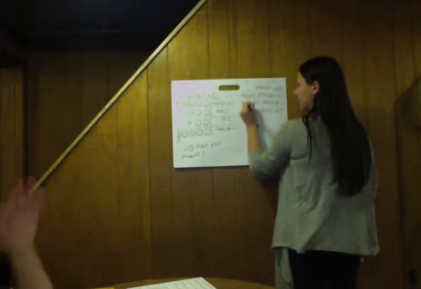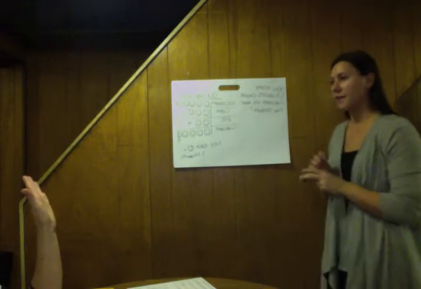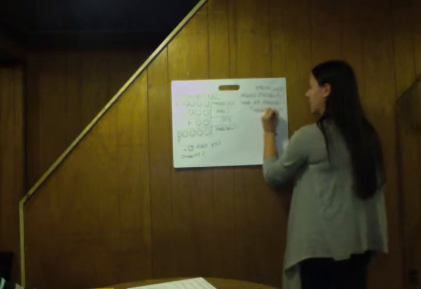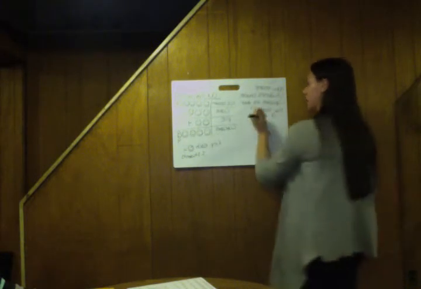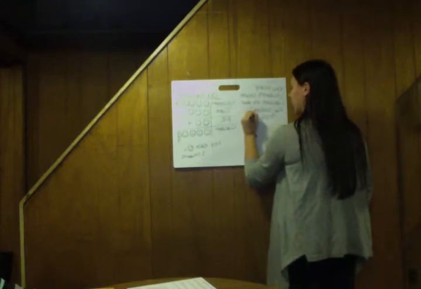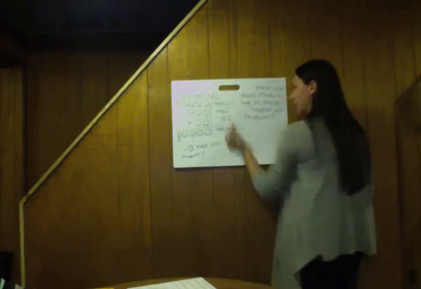And this question is going to be easy to answer because we already figured it out in our data. Yes. 9. Good, 9. And don't forget, when you answer the question, you have to write 9 students. You can't forget the students because you might lose points on it.